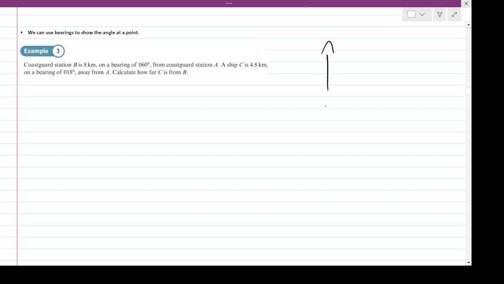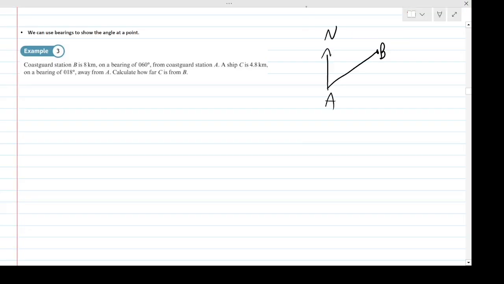If we're measuring from a point A, say, and then we have a point B here, the bearing is the angle from the north at A. So when it's completely above A, and then how far round, this angle here is the bearing, theta. So if we start from a point A and then move to somewhere else, we need to measure the angle from upwards, in the north direction.